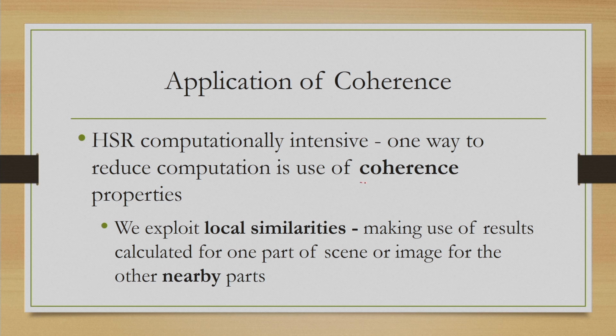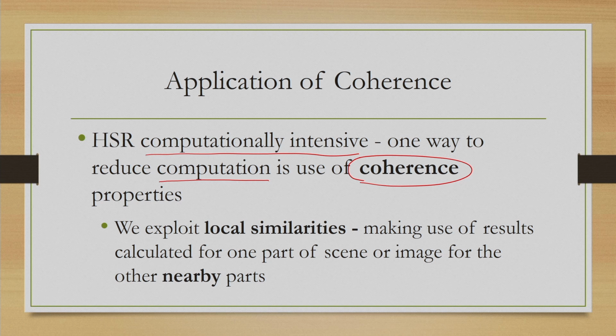Collectively these properties are called coherence properties, which are used to reduce the computations in hidden surface removal methods. As we already talked about, these methods are computationally intensive. So, if we use these coherence properties, then some amount of computation can be reduced, as we shall see later.